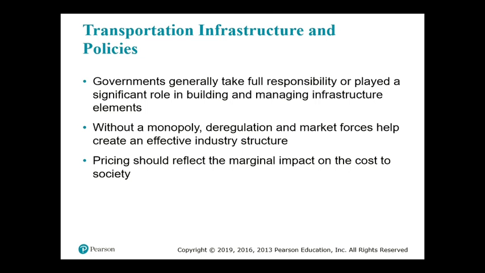The reason for that is to capture the marginal impact of each person using the transportation infrastructure on society.